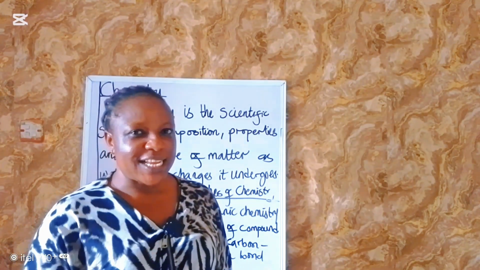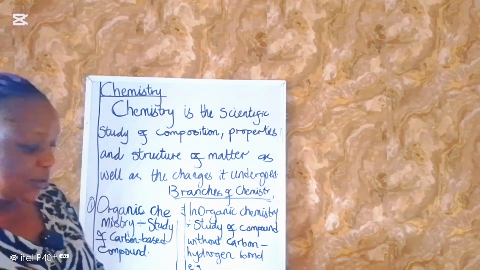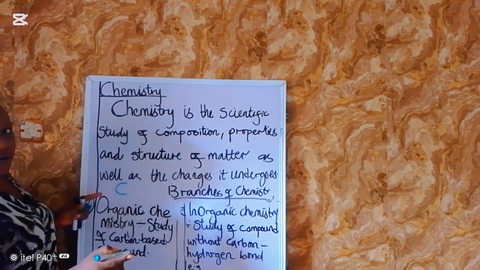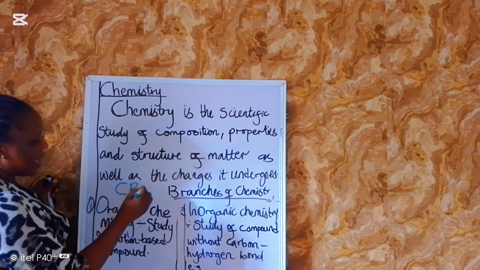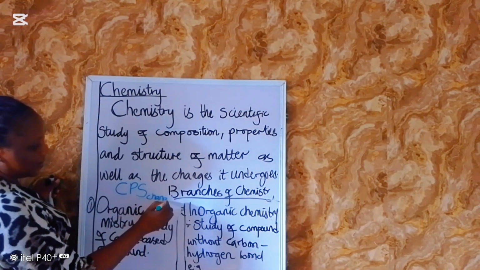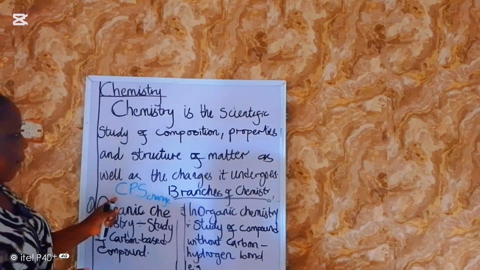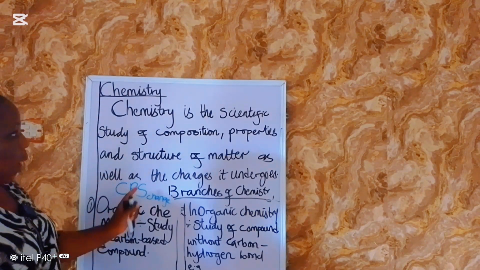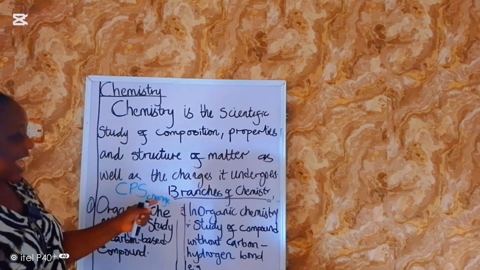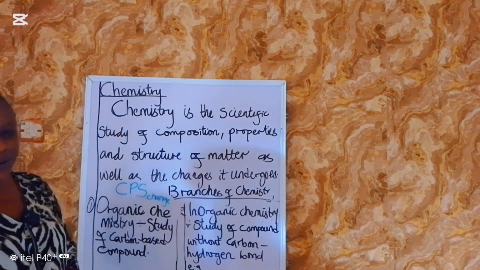I know it's lengthy, we'll bring it down. How do we do it? We say that chemistry is the scientific study of CPX, and write small change. Understand? Our C means composition, our P means properties, our S means structure, and our change means the changes it undergoes.